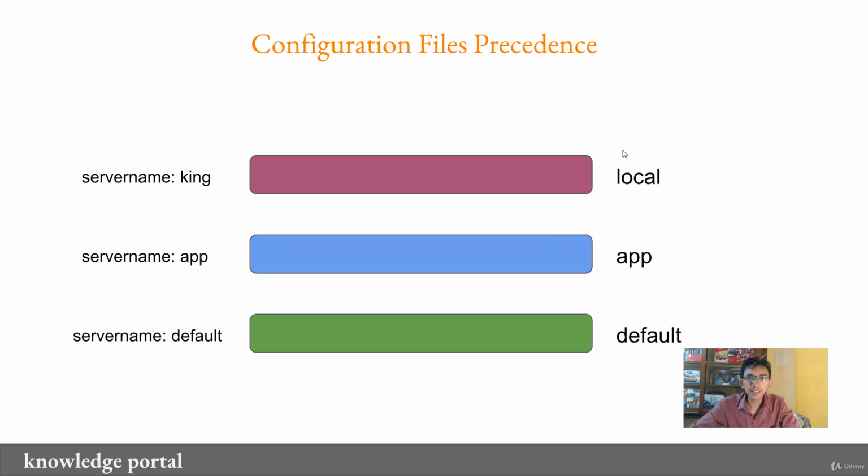Within Splunk, system local has the highest file precedence, followed by app, followed by default. So with server name equal to default in the default directory and server name equal to king in the system local directory, system local's server name will be taken up by Splunk, even though the app and default directories have their own different versions of the server name.